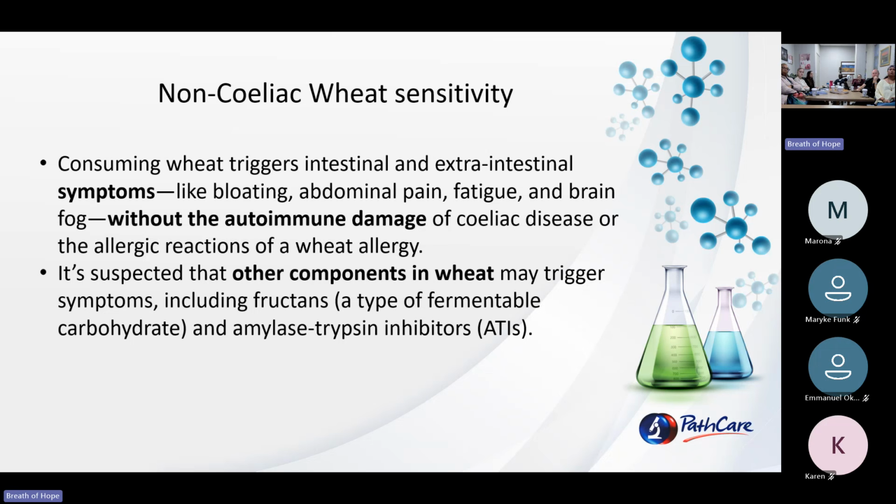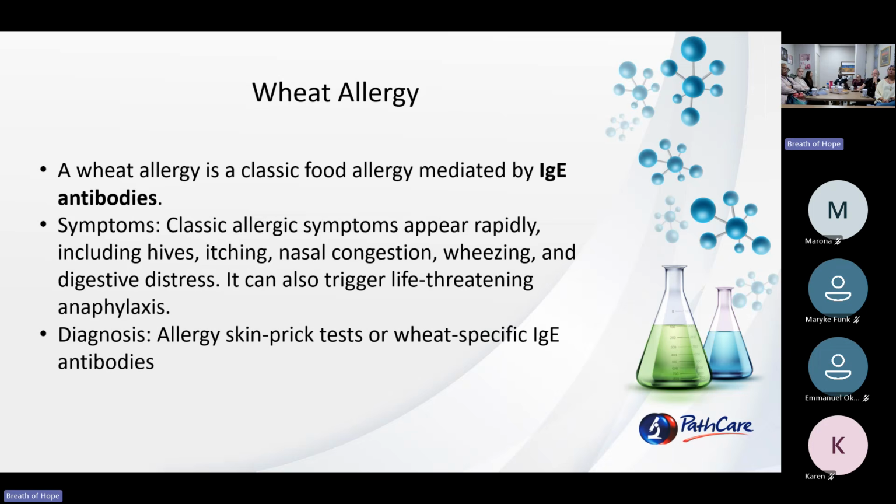It's suspected that other components in wheat may trigger the symptoms, and those components may be fructans or amylase trypsin inhibitors, for example. Then in terms of your wheat allergy, it's a classic food allergy mediated by IgE antibodies.